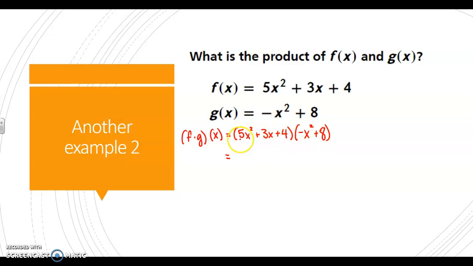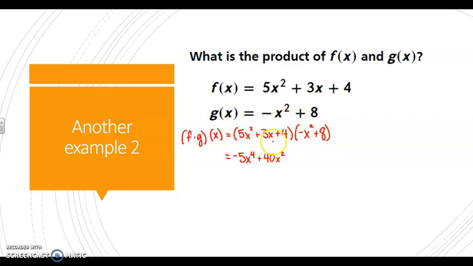So first we take our 5x squared, we multiply that by negative x squared, so that gives us negative 5x to the 4th. Next we take this first term, 5x squared, times positive 8, which gives us 40x squared. Now we've multiplied 5x squared by both terms in here, we move on to 3x.